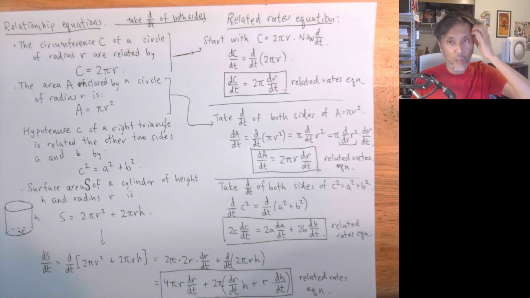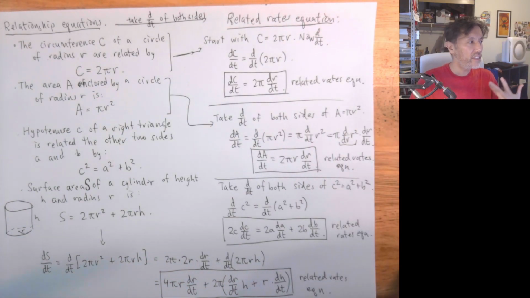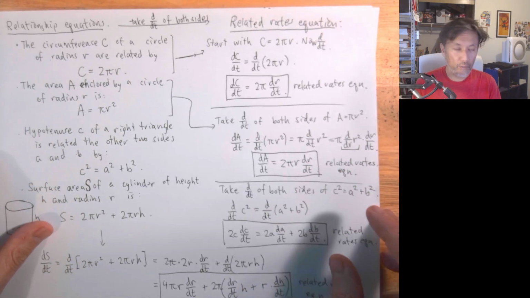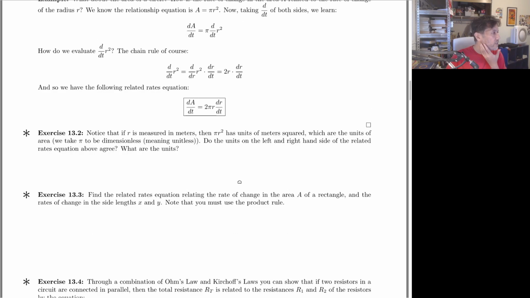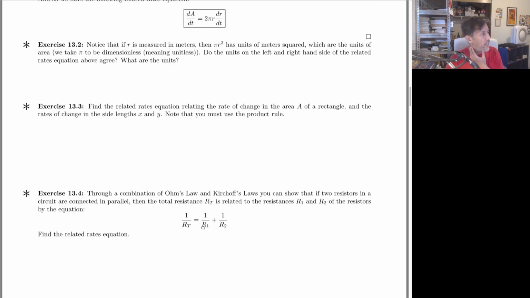All right. Okay, so what's an example of the sort of problem which we might encounter for which something like this is useful? Well, let's look at this window here again. 13.2, 13.3, and 13.4 give you practice in computing related rates equations from relationship equations.